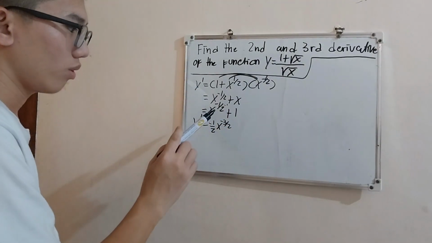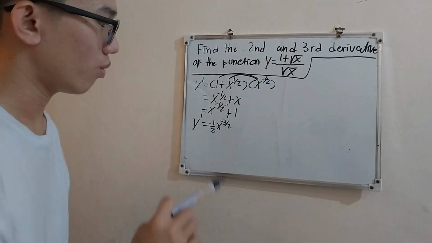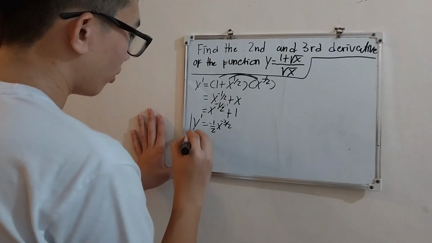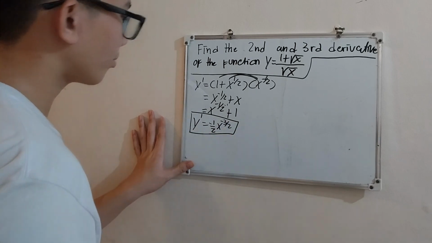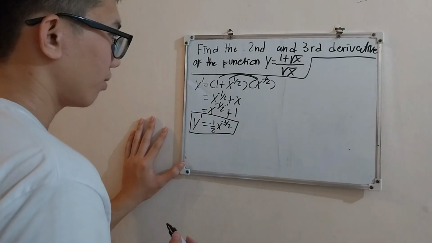Negative 1/2 minus 1 is equal to negative 3 over 2. So this is our first derivative. Now we can move on to our second derivative.